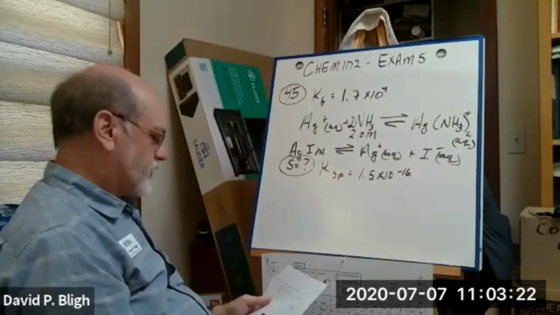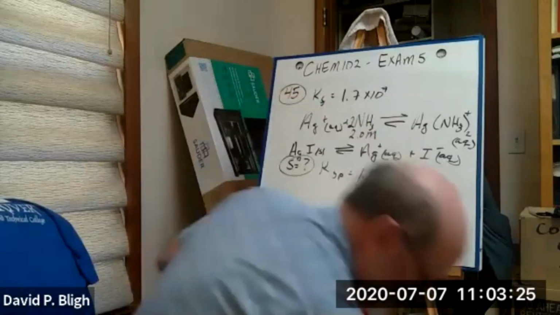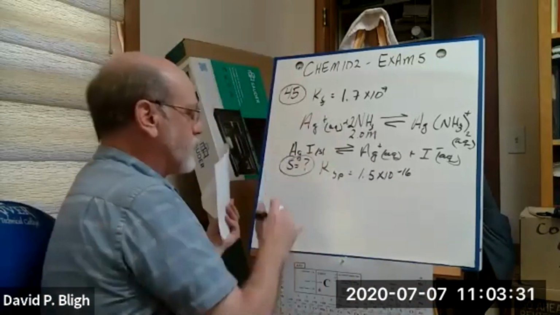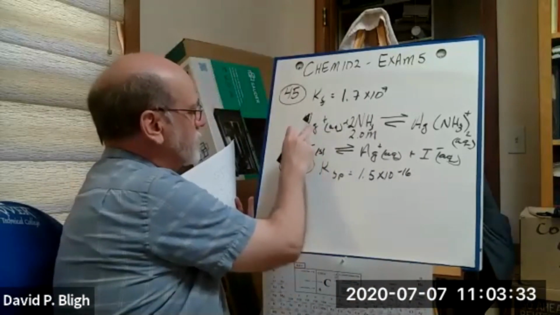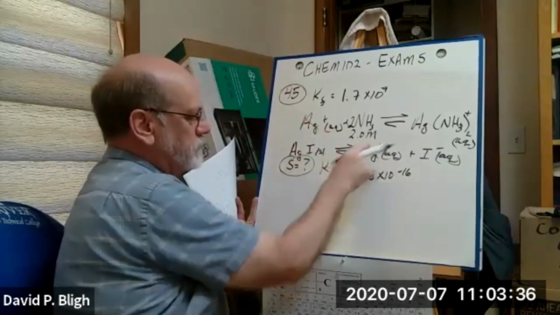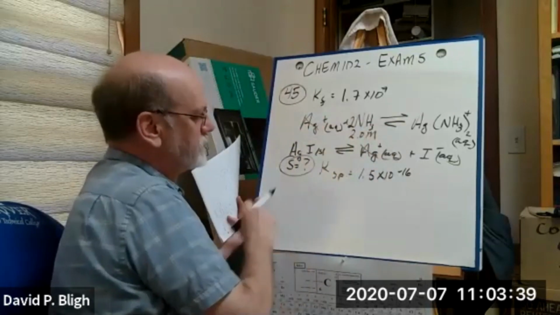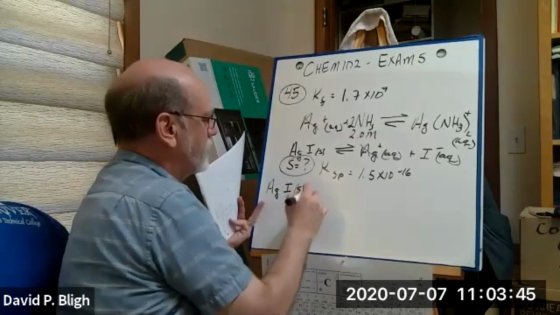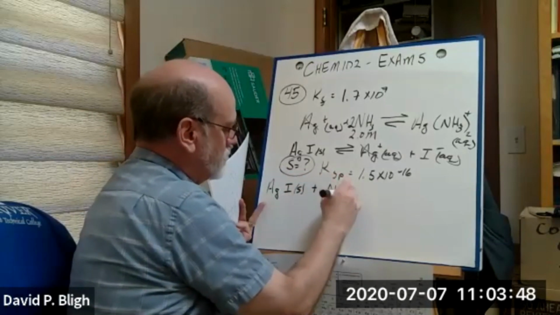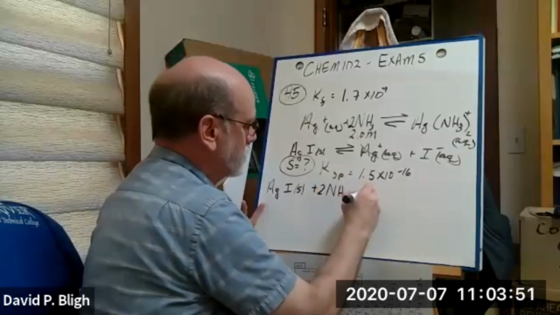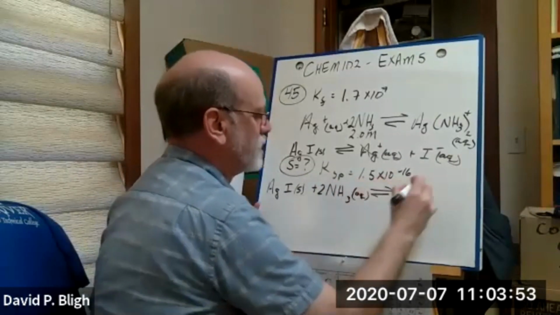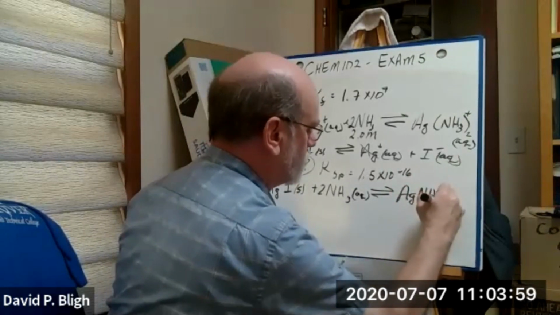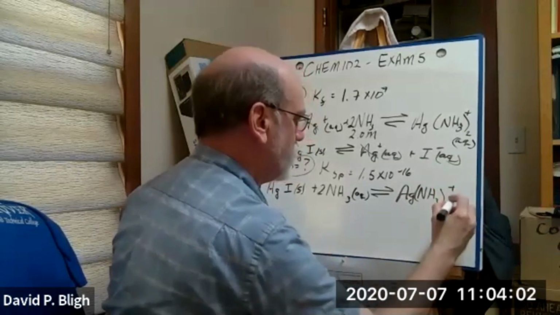Okay, so we need to combine these two equations and derive an equilibrium constant for those equations. This one's going to cancel because it's on either side. Now we're going to get silver iodide plus 2 ammonias in equilibrium with the silver ammonia complex ion and iodide.